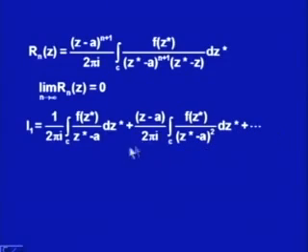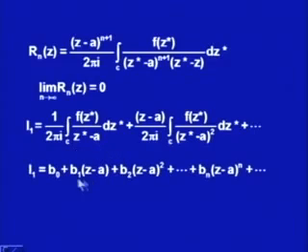So, in this way, if we express this first coefficient as B0, and the coefficient of (z minus a) in the second term as B1, and so on, then I1 will be B0 plus B1 into (z minus a) plus B2 into (z minus a) square, and the nth term being Bn into (z minus a) raised to power n, and so on.